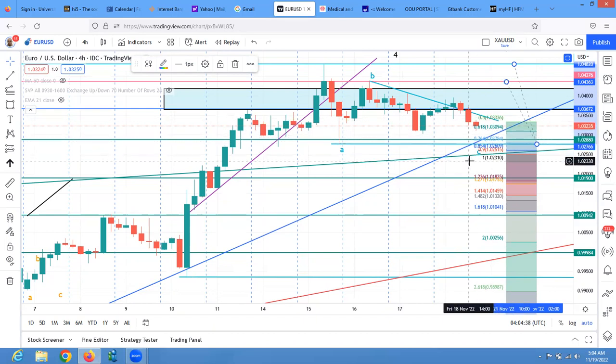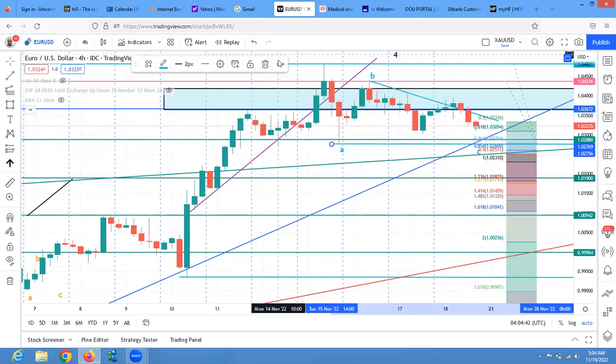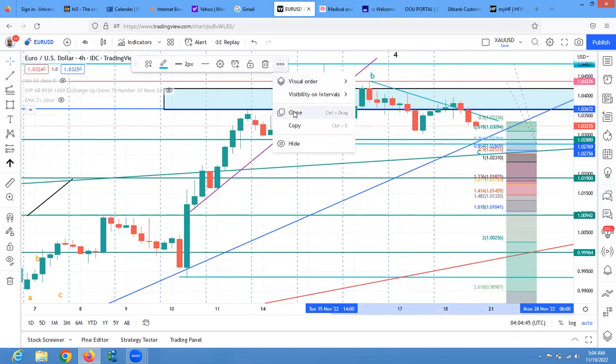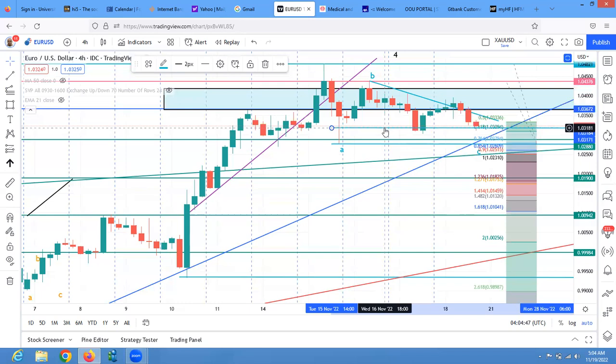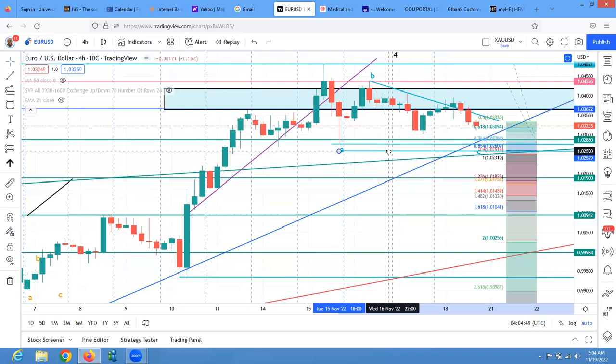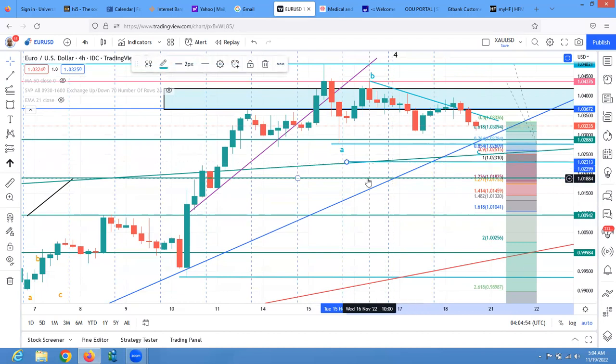So to the end of B, we'll say that our proposed area, where we expect this to get to, will be at 100, which is here, at that level. That is where I think it's safe for us to exit if you are in a sell, which is around 1.0310. If you put yourself at 1.0350, it's still good for you.